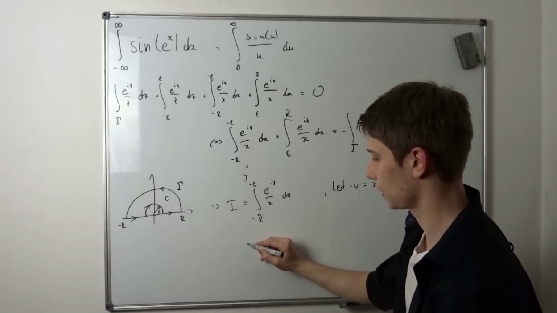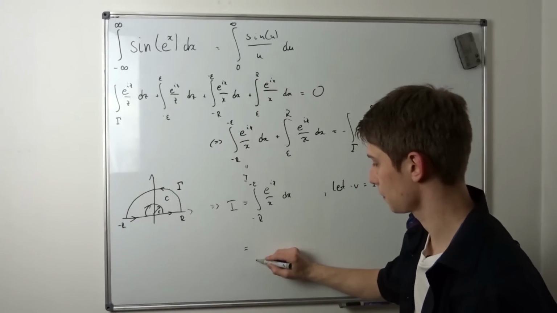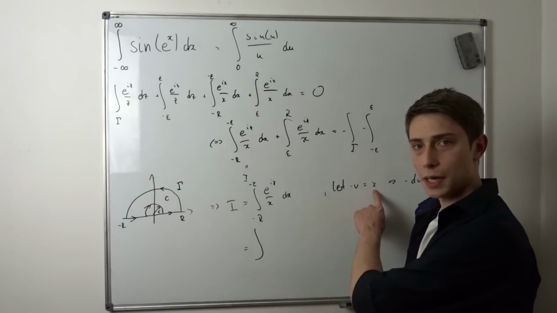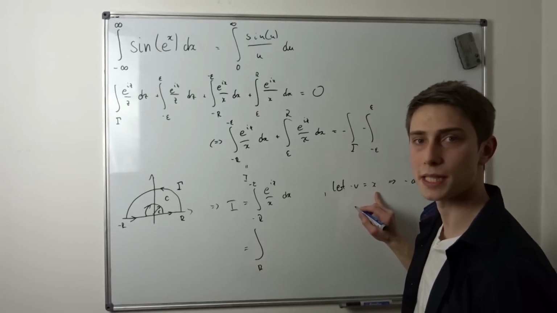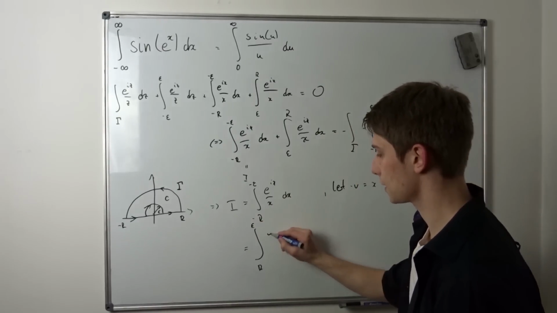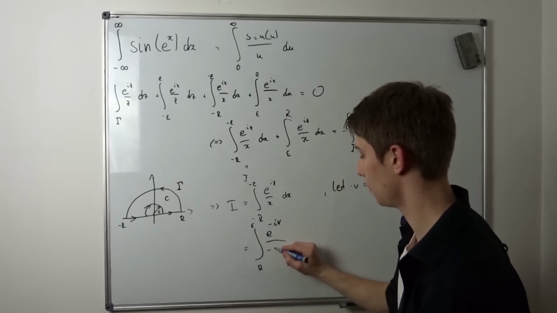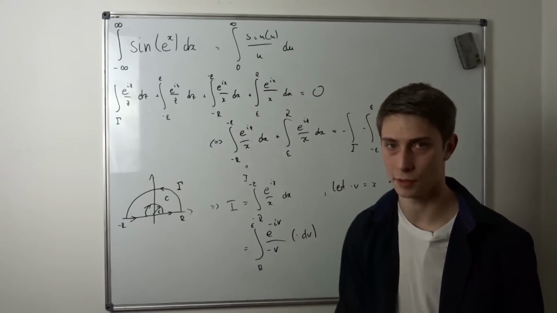Okay, so let's plug everything in. So what's our upper and lower bound now? If we plug minus r into here, that would mean that v is just r. And if we plug in minus epsilon into here, that would mean that v is just epsilon. Okay, and that's e to the minus iv over minus v, and then times minus dv.